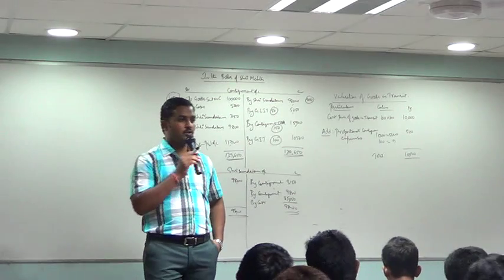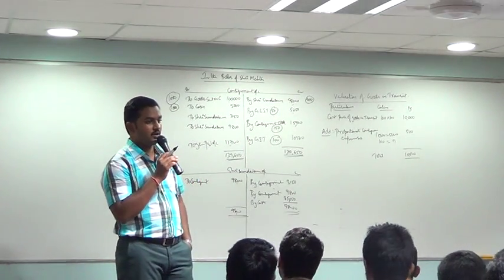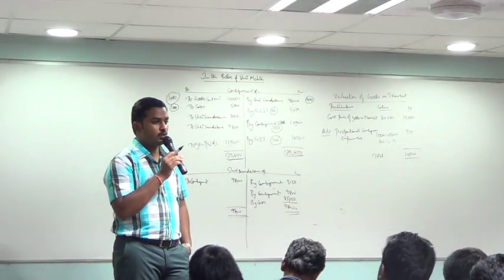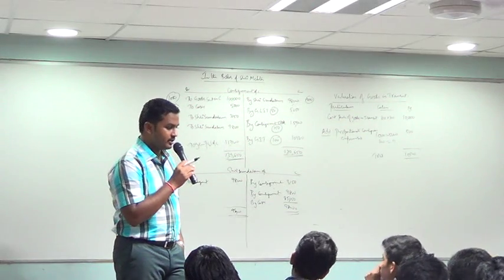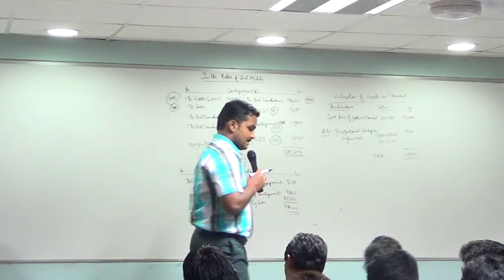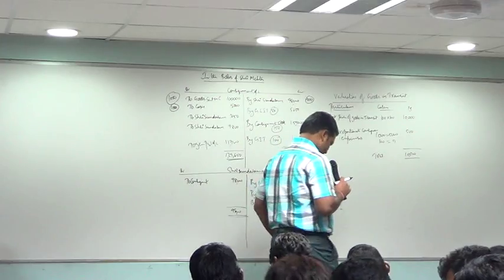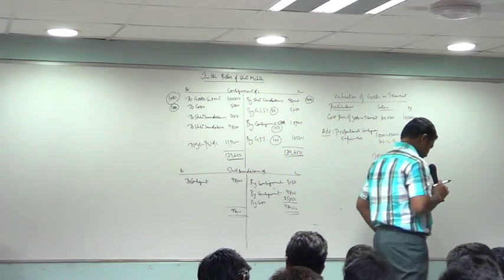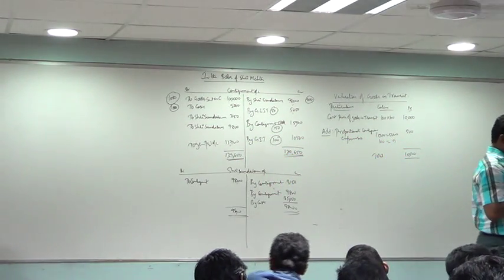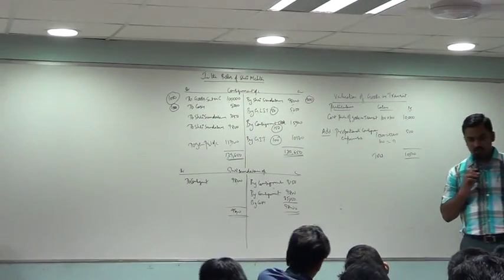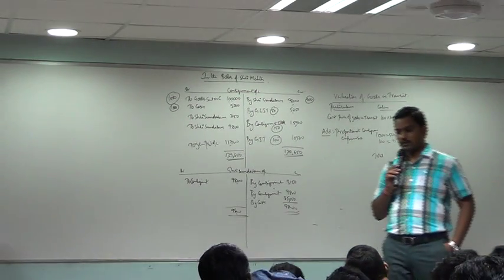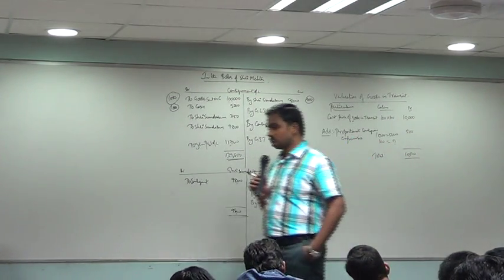Till now we have learned only how to account in the books of the principal. Now we will learn how to do accounting in the books of the consignee, the agent. Write down.